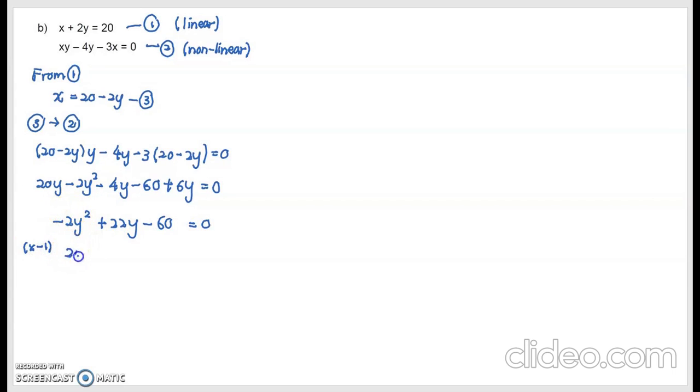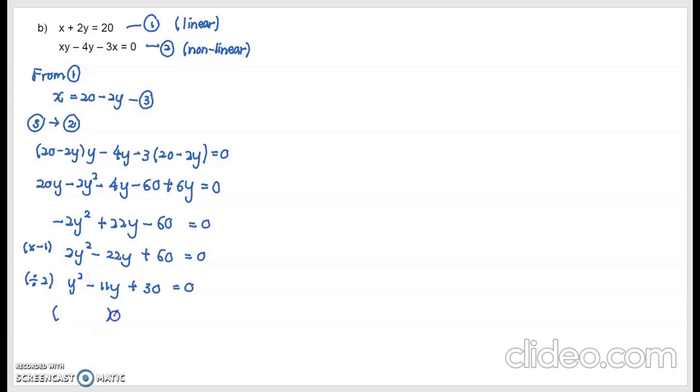Here will become 2y squared minus 22y plus 60 equals to 0. Next, you can see that 2, 22, and 60 are multiples of 2, so we can simplify by dividing by 2. So here I should have y squared minus 11y plus 30 equals to 0.